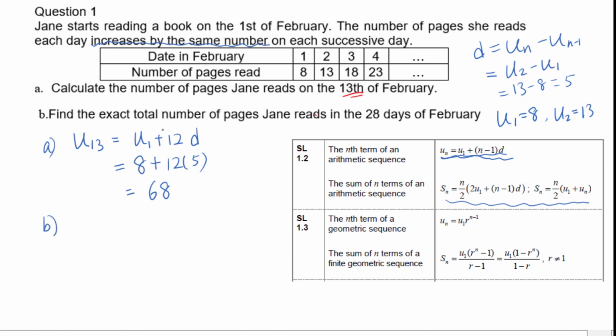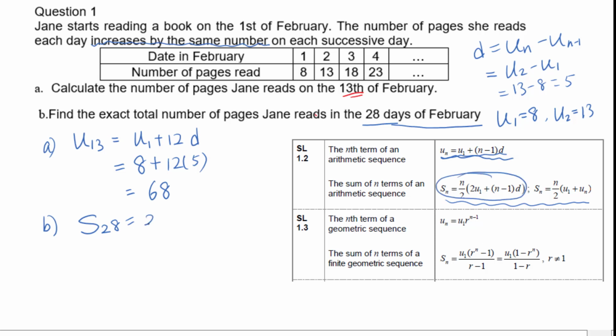Find the exact total number of pages Jean reads in the 28 days of February. Basically, we are looking for S sub 28. We will use this formula.